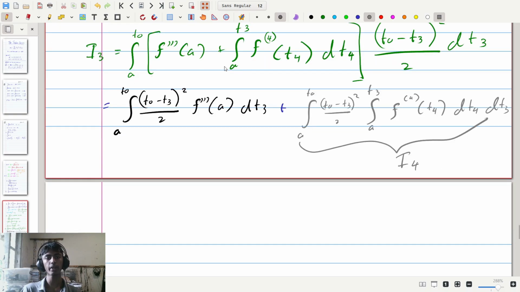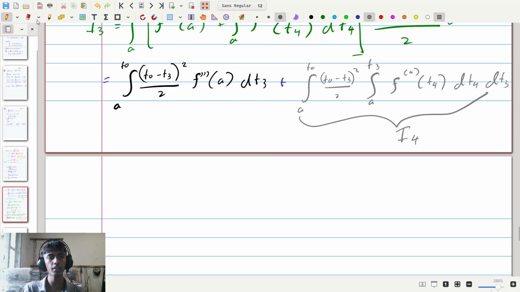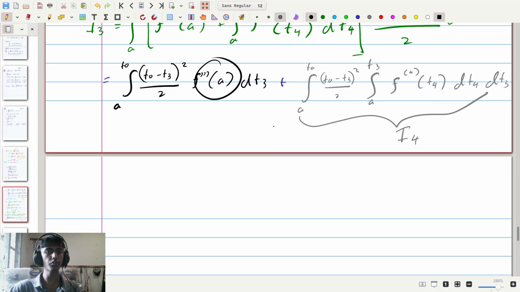So then let's look at integral number 3 and what we're going to probably get once we solve integral number 4. So the black part that came from integral number 3, taking it, here we can see f triple prime of a is a constant relative to t3, so we can take it out.